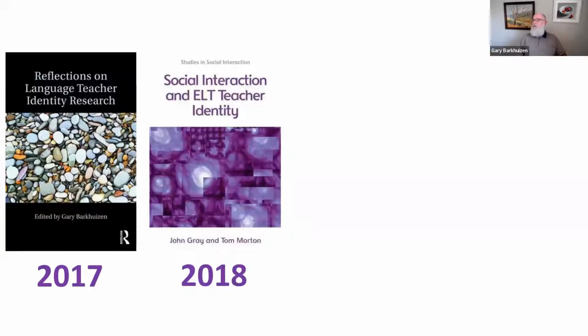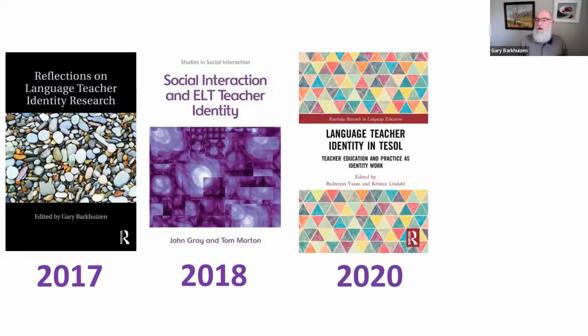This is an excellent book that came out in 2018 looking at social interaction and English language teacher identity. All right, I'm just showing you examples to show there's so much out there now. We're looking at trends. So there's lots of, this is language teacher identity in TESOL, looking at the work that TESOL educators do.